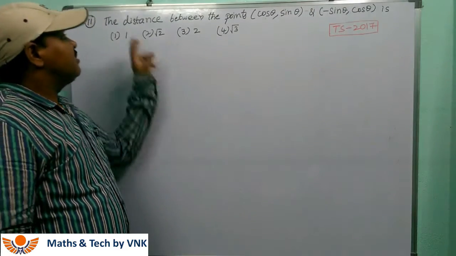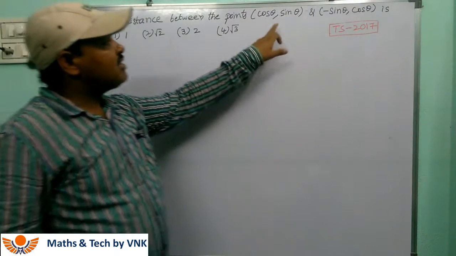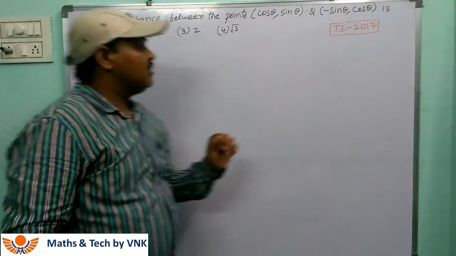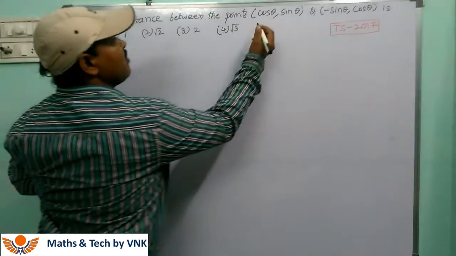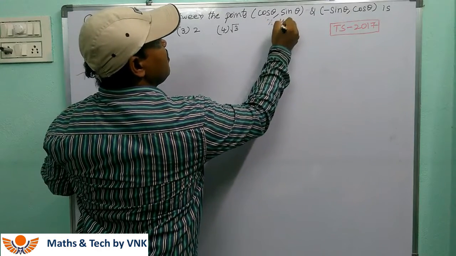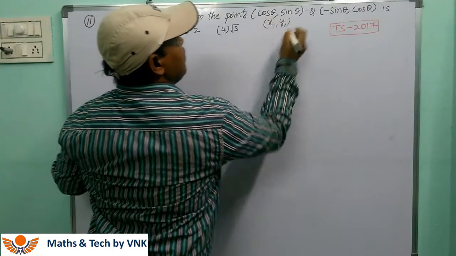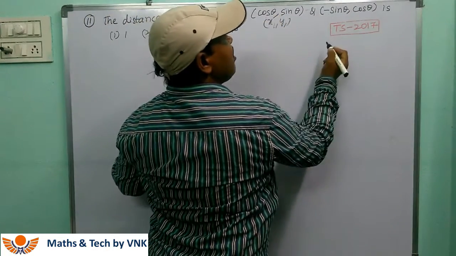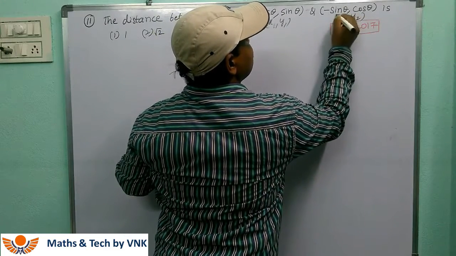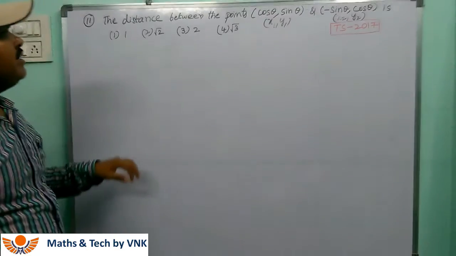Next question is, the distance between the points (cos theta, sin theta) and (minus sin theta, cos theta) is. Now let the first point (cos theta, sin theta) be (x1, y1) and (minus sin theta, cos theta) be (x2, y2).